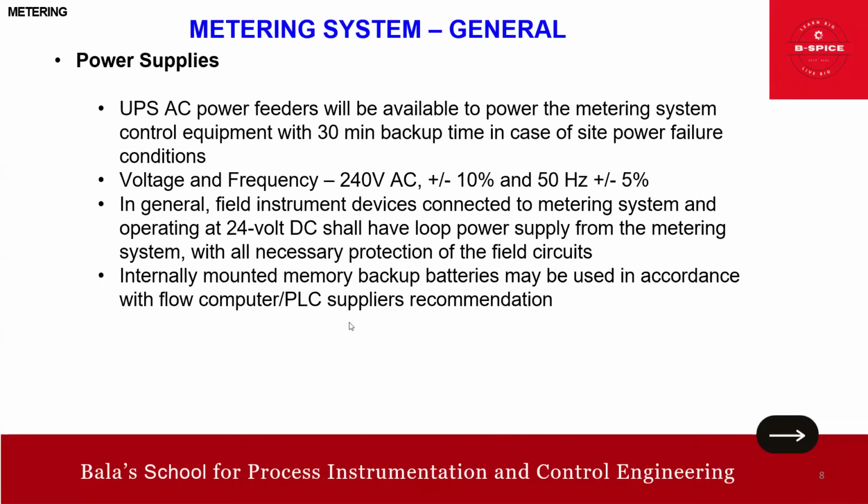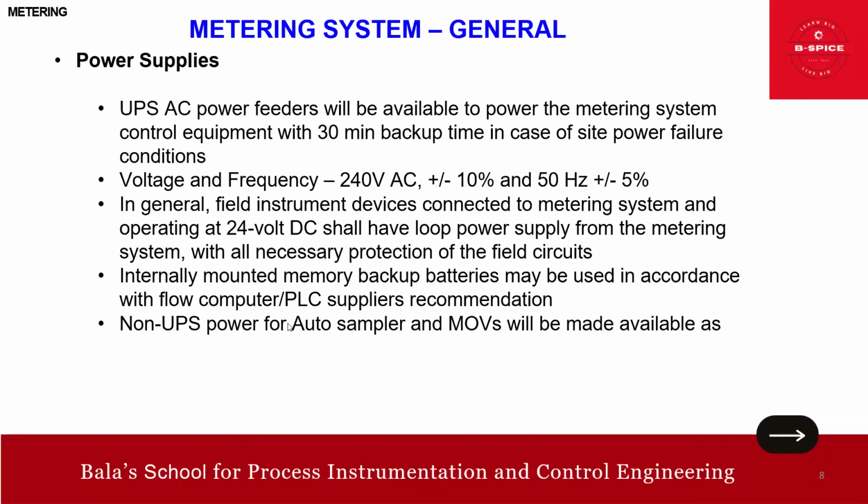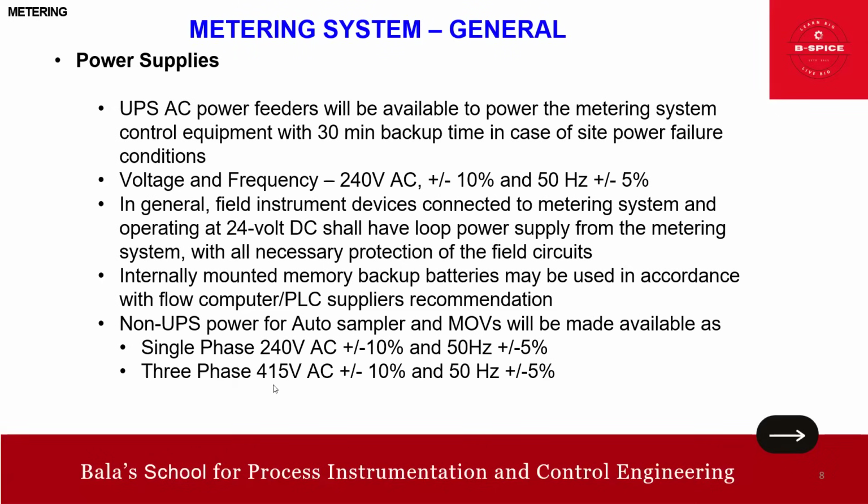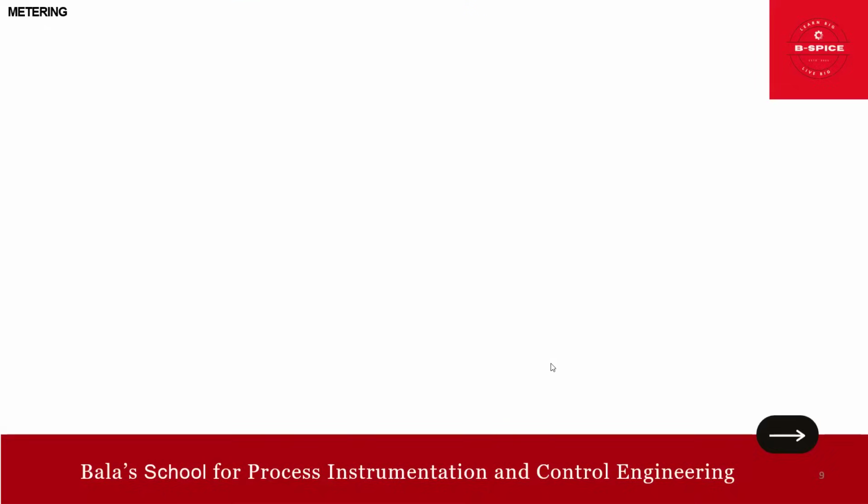We can go with the vendor recommendation. And non-UPS power, for the auto sampler and MOV, will be made available as, for example, single phase 240 volt AC plus or minus 10% and 50 hertz plus or minus 5% deviation, and three phase 415 volt AC plus or minus 10% and 50 hertz plus or minus 5%. So this is about the power supply.